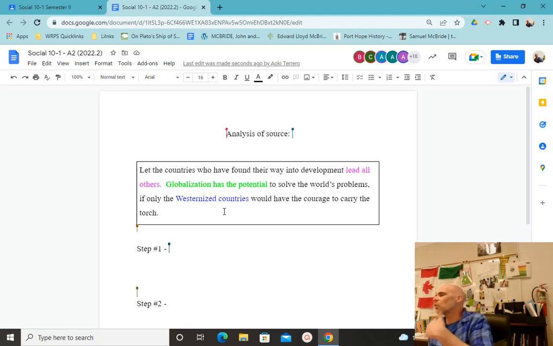Yeah, we're going to try to work towards an ideological perspective for sure. Before we can do that, we have to identify something. What do we have to identify? What the source is about, right? What's on the page. Before we can talk about why it's on the page, we need to get to the what's on the page. And when we talk about the what's on the page, what's the what?